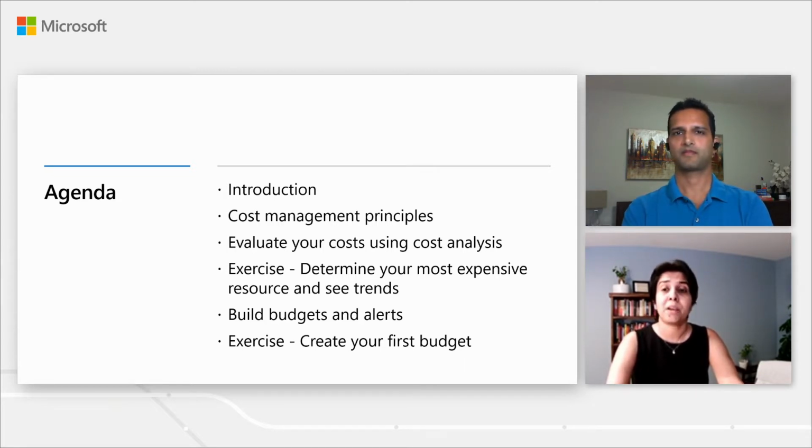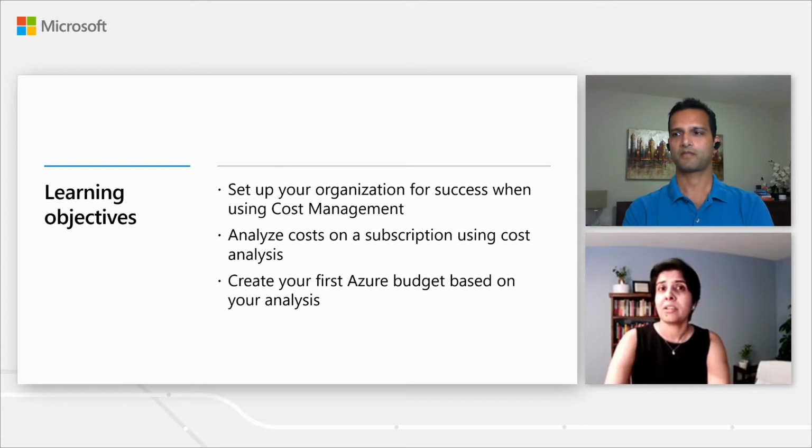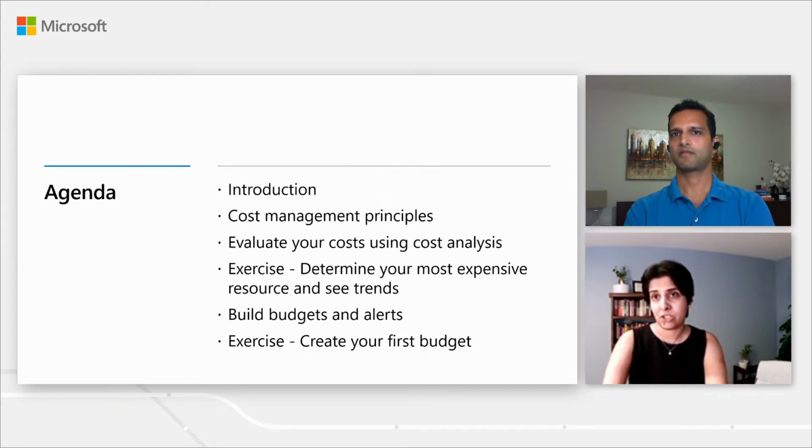And you would be able to build budgets and alerts. At the end of this session, you would be able to walk away creating your first budget. The learning objective is to set up your organization for success with the ability to analyze costs and to have budgets for accountable spend in your organization.